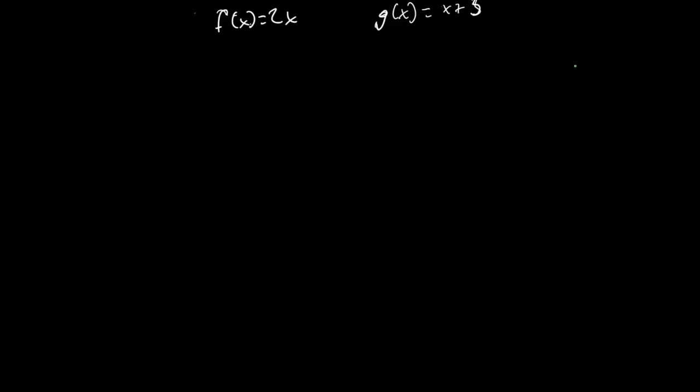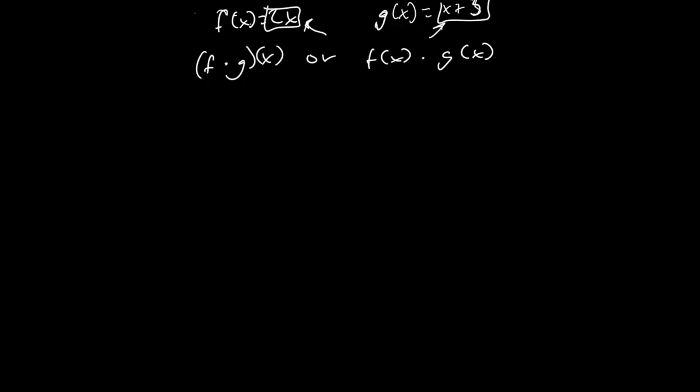Next, we can multiply functions. This is written as f times g of x, or f of x times g of x. And this means we're multiplying the two outputs together again. So we take the outputs of f of x, which is 2x, and the outputs of g of x, which is x plus 3, and we multiply them together.